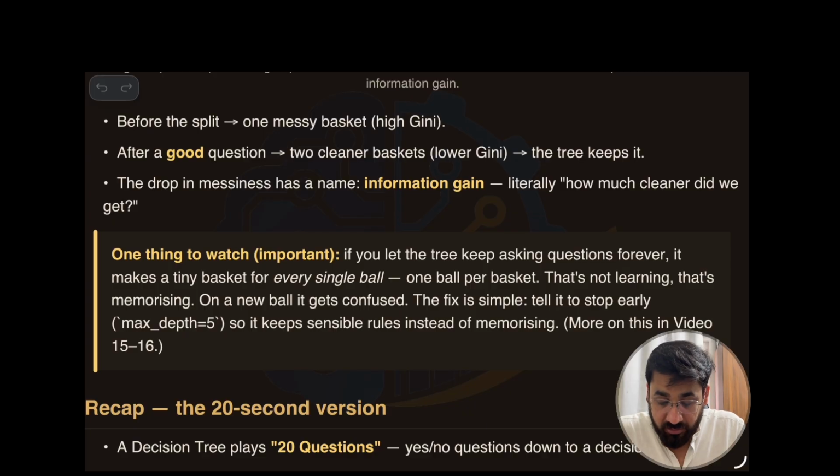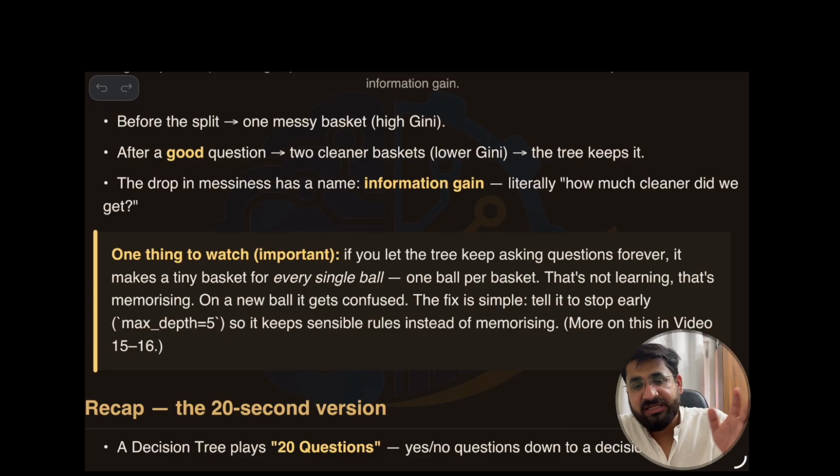So if you let the tree keep asking questions forever, it makes a tiny basket for every single ball, one ball per basket, and that's not learning, that is memorizing. You got this point? What does it mean? So we have 3 orange balls and 3 green balls.